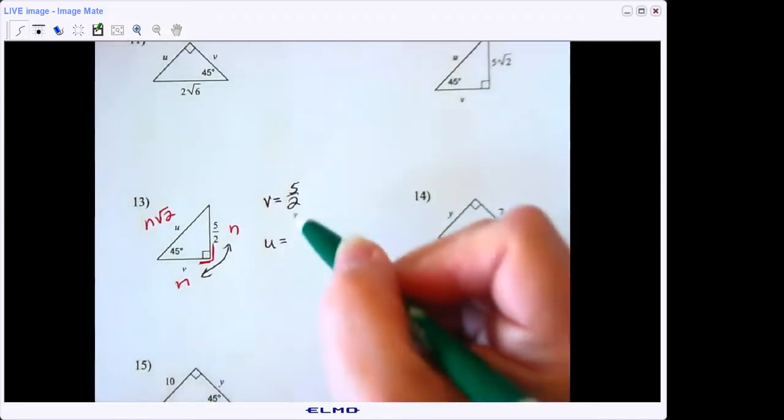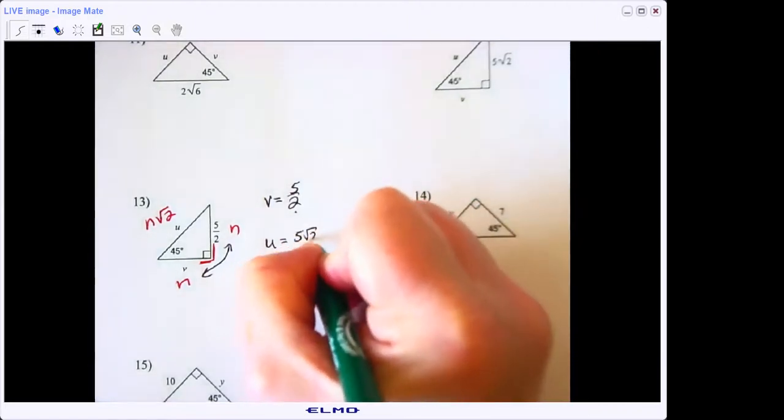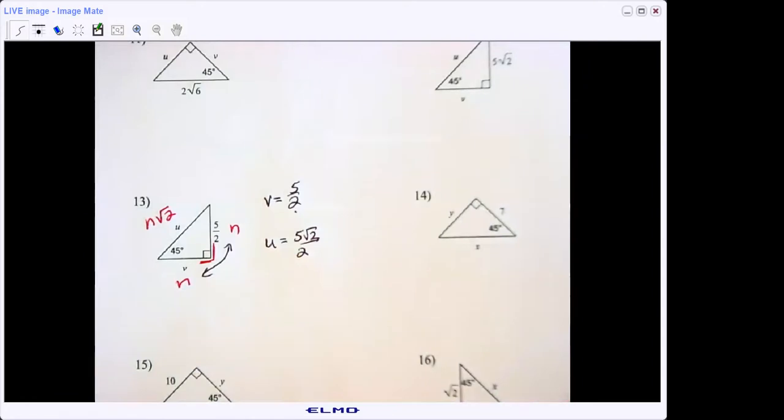Okay. So we're just going to take this same thing and put a root 2 next to it. So 5√2/2, or 5/2√2. That's it. Whatever that is, we're just going to put a root 2 next to it. Good.